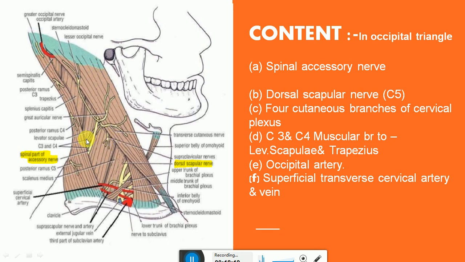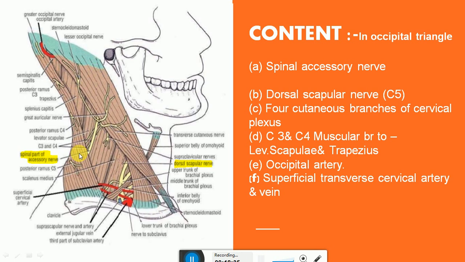Along with that, muscular branches C3 and C4, which supply this muscle, levator scapulae, and below this, behind this, trapezius.